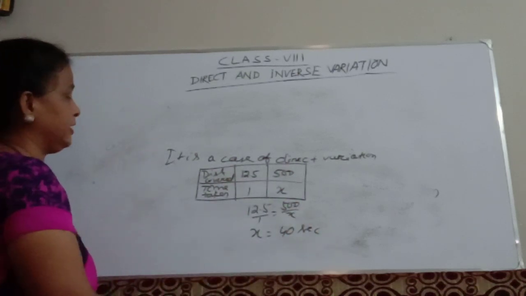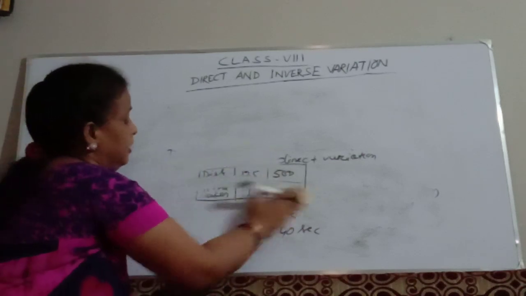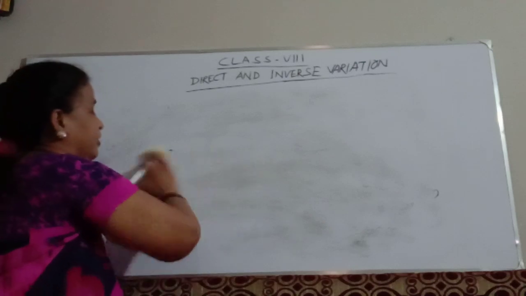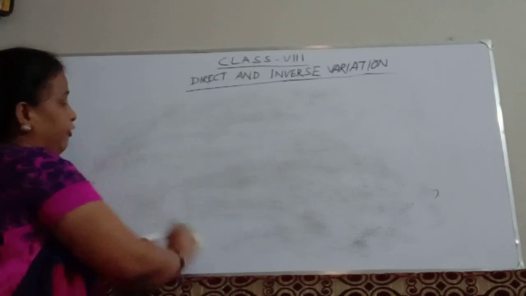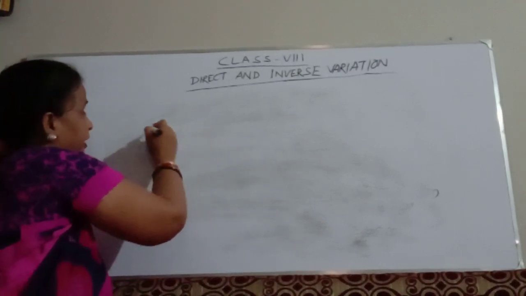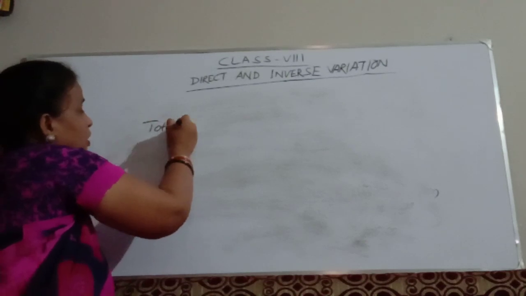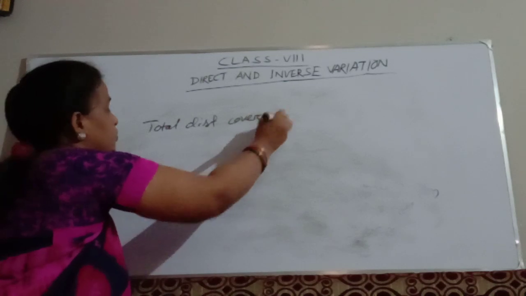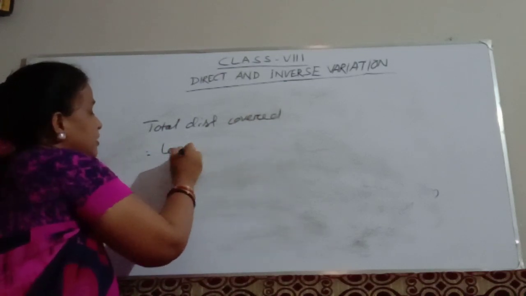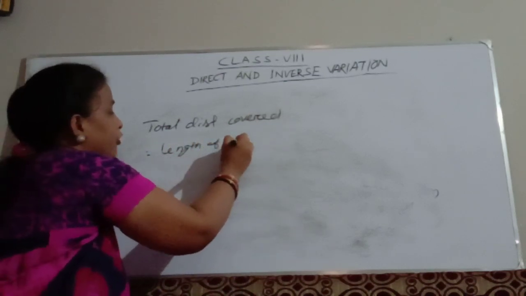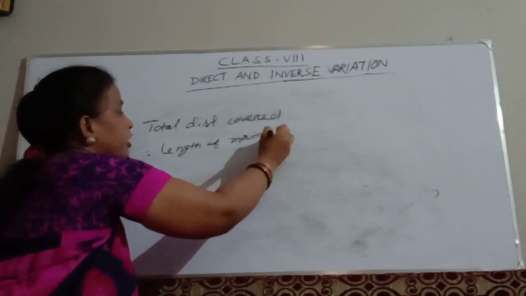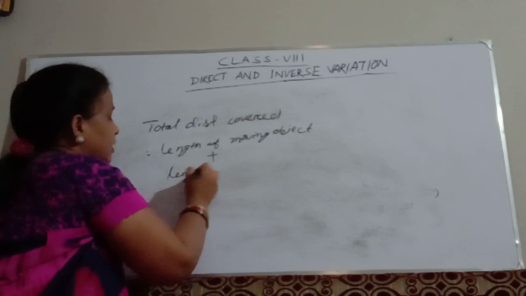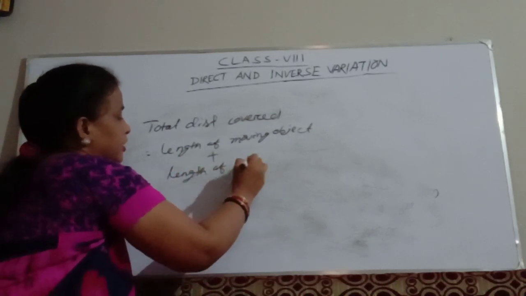So the conclusion of this topic is, whenever you have to find the length of the train or the time, you first think total distance covered is equal to the length of the moving object plus the length of the stationary object.